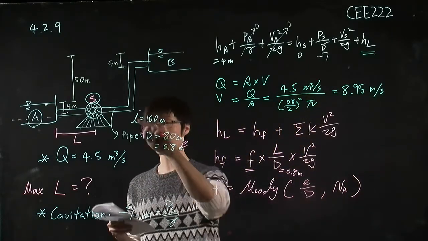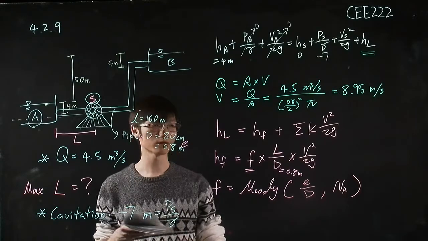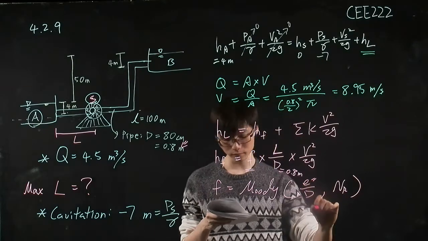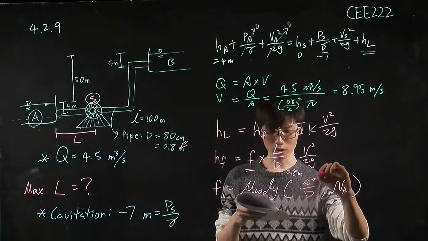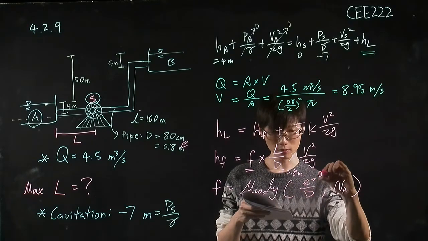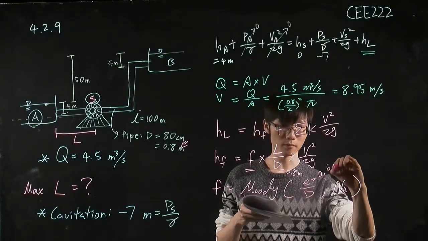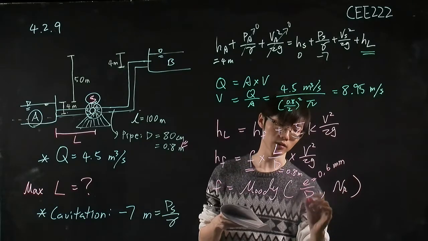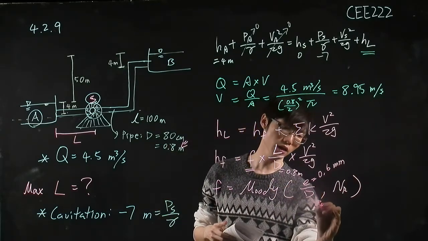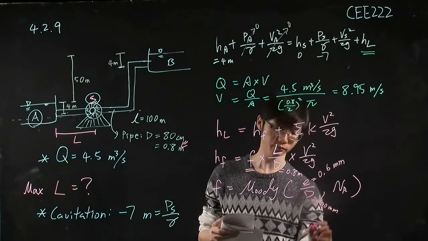Because this is a rough concrete pipe, we have this roughness, epsilon, equal to, let me see, 0.6 millimeter. And we have the diameter 80 centimeter, which is equal to 800 millimeter.